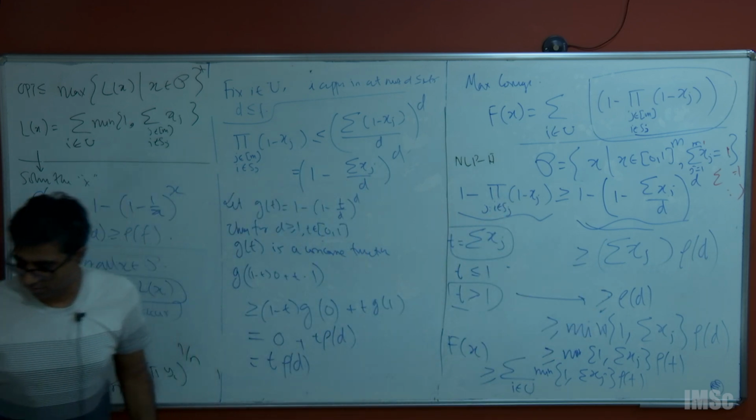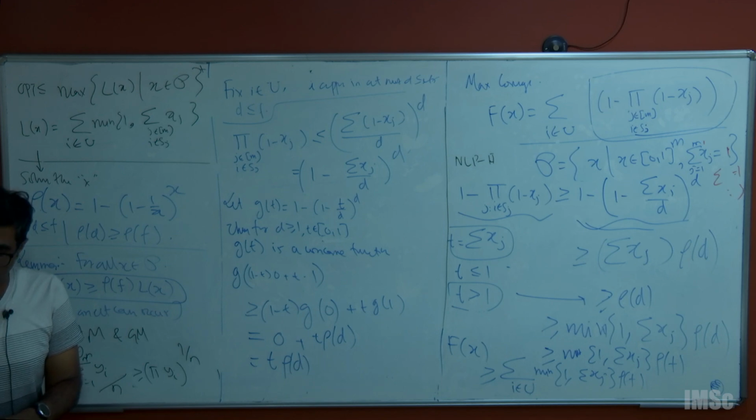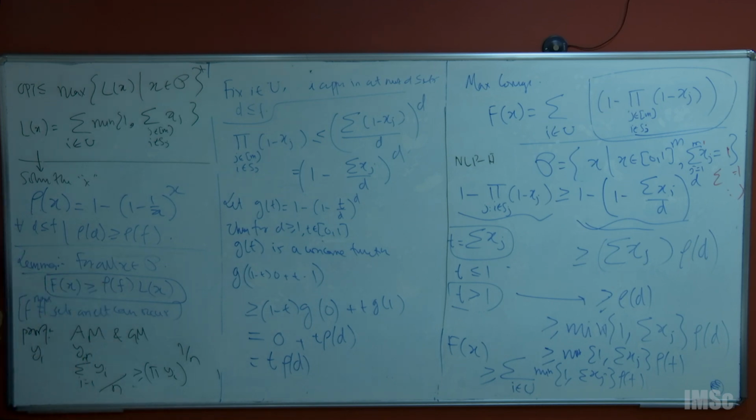Is that fine, Tanmay? Do you buy this? Yeah. Okay. So if I just change the polytope, as long as it is a subset of the bigger polytope, because when you're adding the coloring constraint, you're just adding a constraint to the original polytope. But no, the problems are very different. The original problem has the summation of x_j equal to k. Those are completely different problems because there was just one constraint.